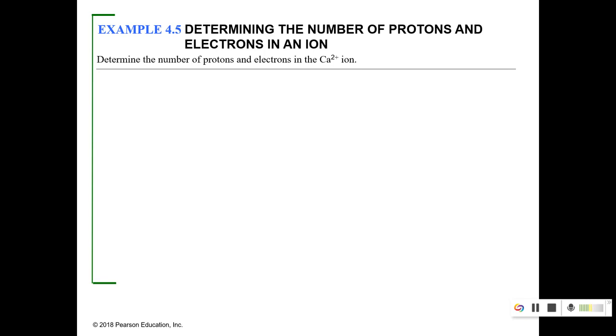Okay, so determine the number of protons and electrons in a calcium 2 plus ion. Well, they didn't tell us the mass number, so we can't do that part. We haven't even gotten to that yet, we'll get to that in a little bit. So calcium we know has 20 protons. Electrons are protons minus charge.